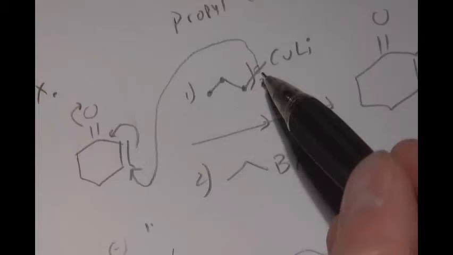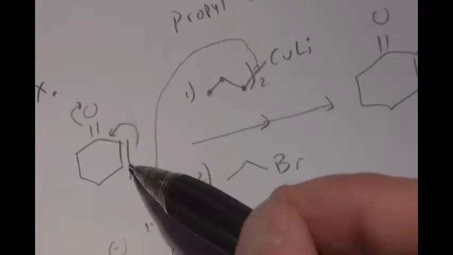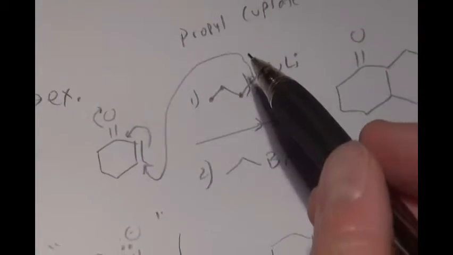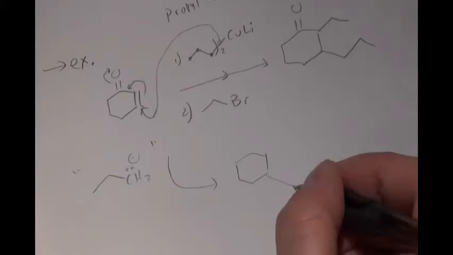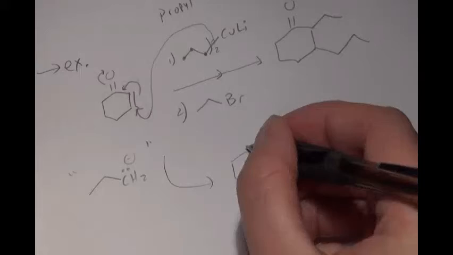So I just circled the bond, right? The bond attacked the carbon, and that makes an enolate, right? So now we have our 3 carbon piece, and what else do we have? An enolate.